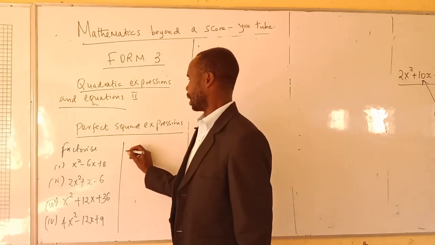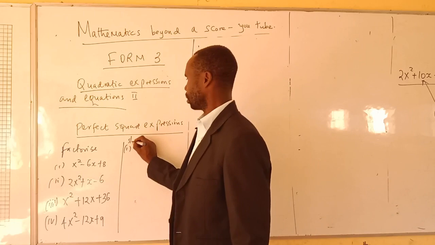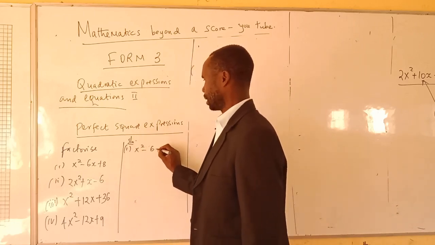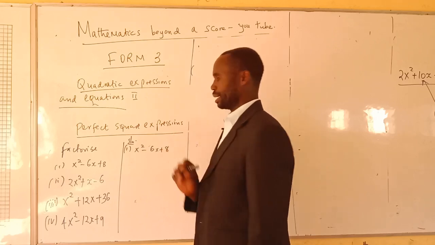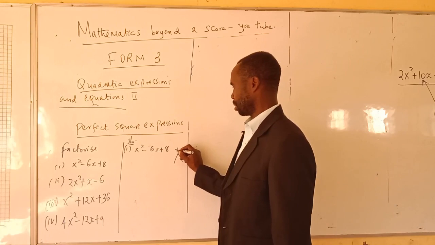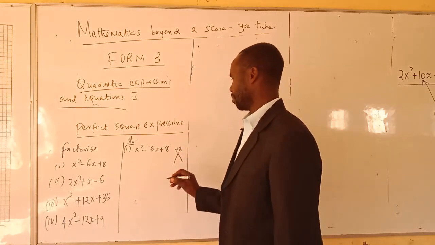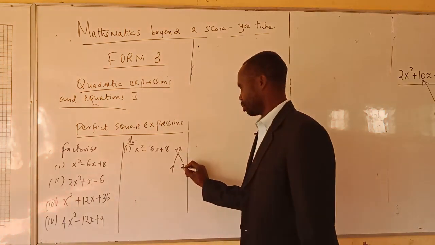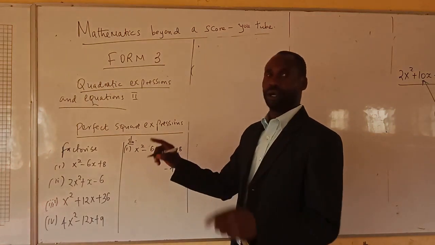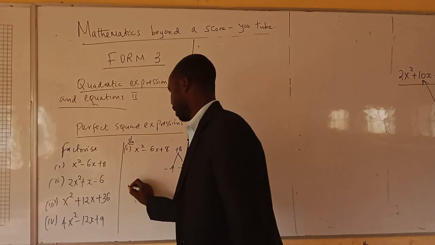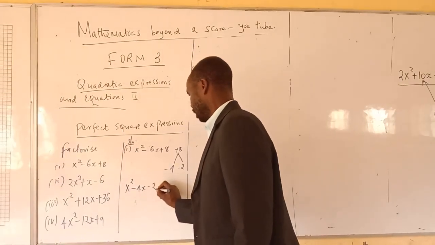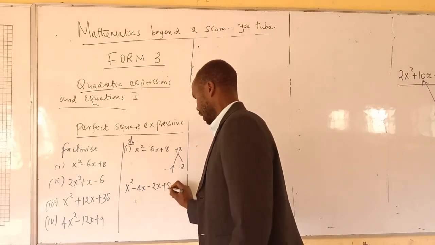For number 1, x² - 6x + 8, we need two numbers that give a positive 8 when we multiply them: 4 and 2. So we will require negatives to place them here. We saw that in form 2. So you will have x² - 4x - 2x + 8.